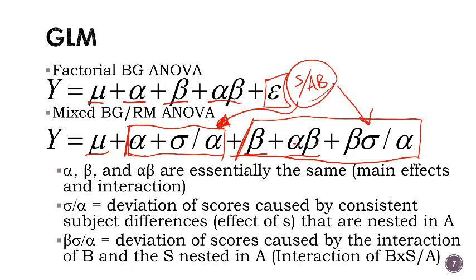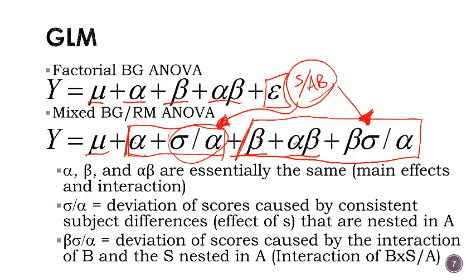We've now separated out what corresponds to the between groups, which is just this one error here, and what corresponds to both beta, which is repeated measures, and the interaction.